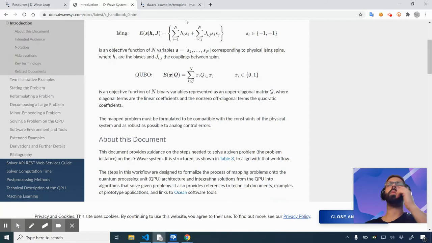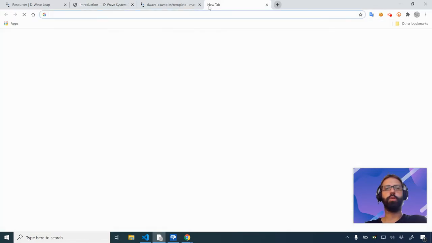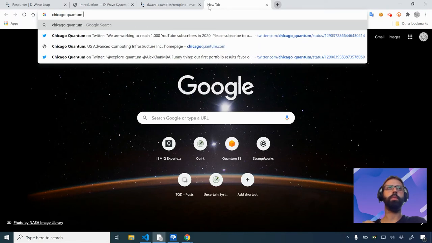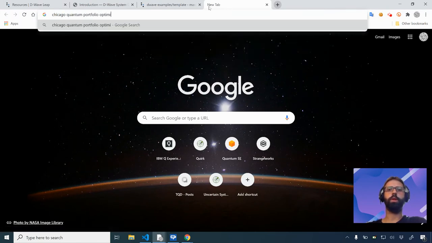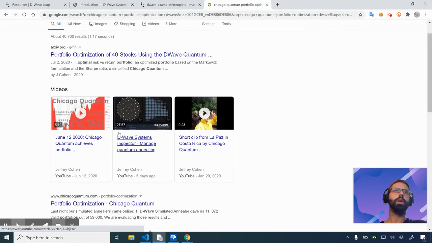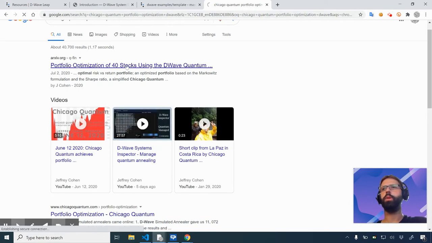So what was the paper? Chicago, quantum portfolio optimization D-Wave. I forgot what the paper was. I think they were doing this one. I think they were doing QUBO, right?